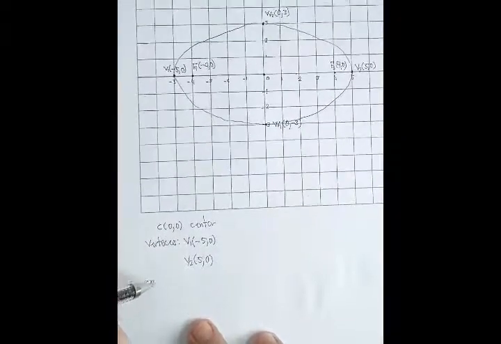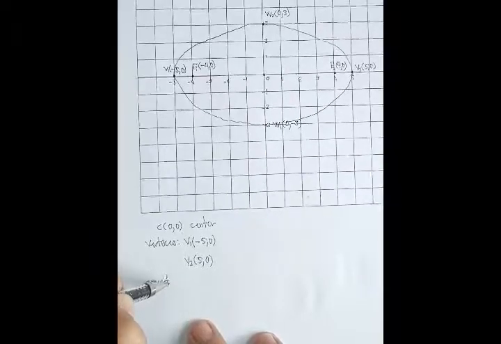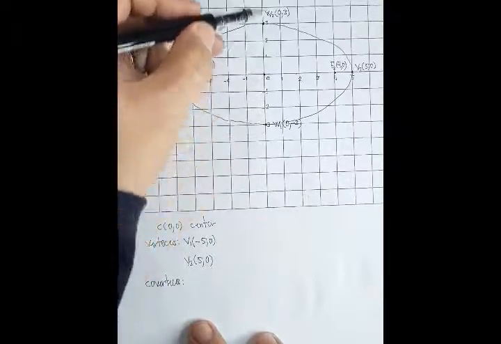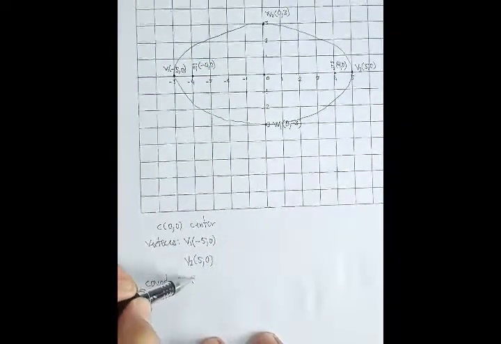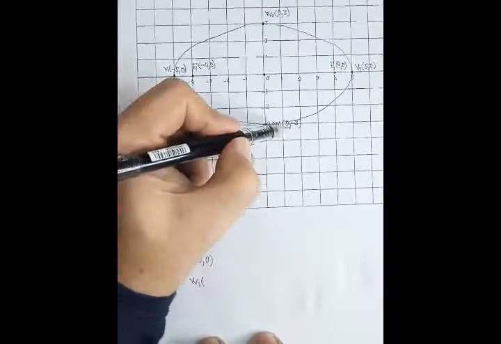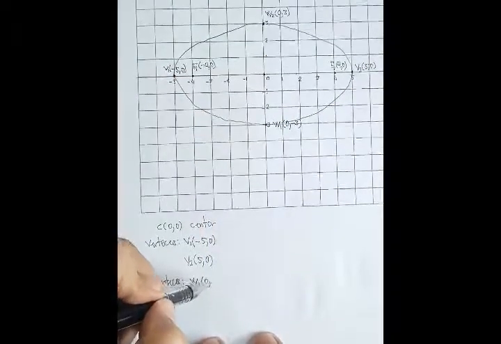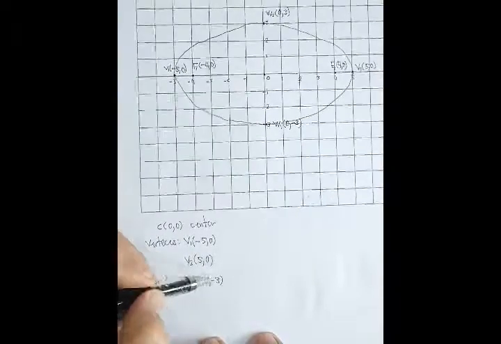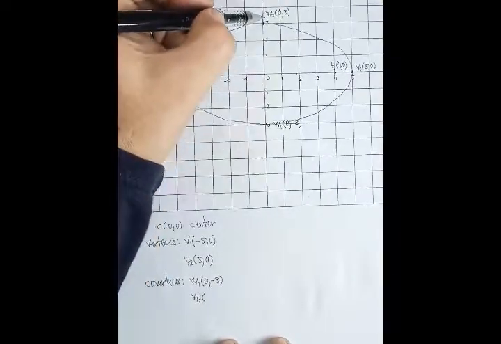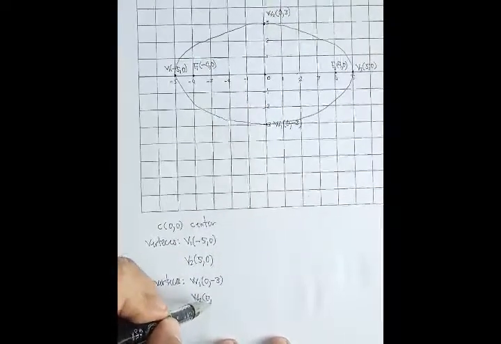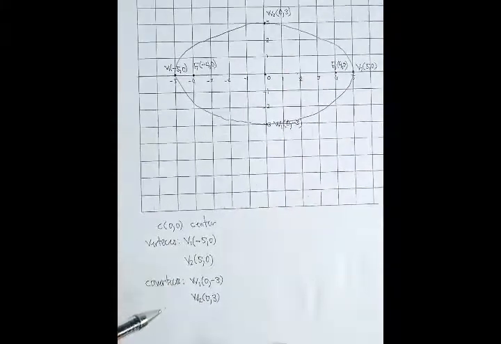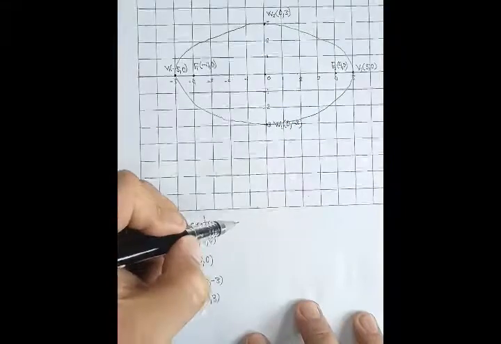Co-vertices, W1 and W2. W1's location is 0, negative 3. And then W2 is at 0, 3. And then we have the foci.